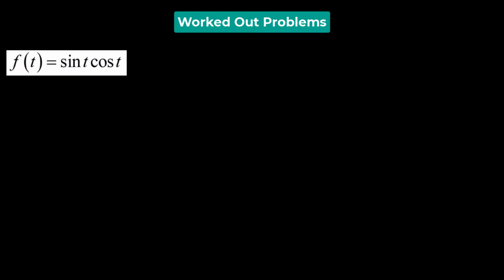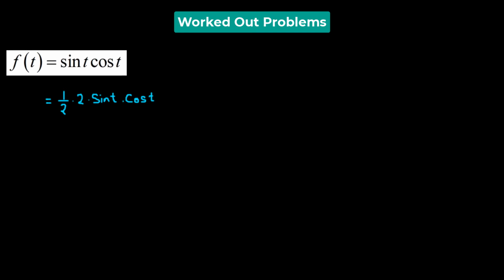So here we have the product of two functions, sine t and cosine t. So we need to determine its Laplace transform. But before finding the Laplace transform, let's try to apply some trigonometric identity here. So we're going to multiply and divide by 2. So we have half multiplied to 2 times sine t times cosine t.